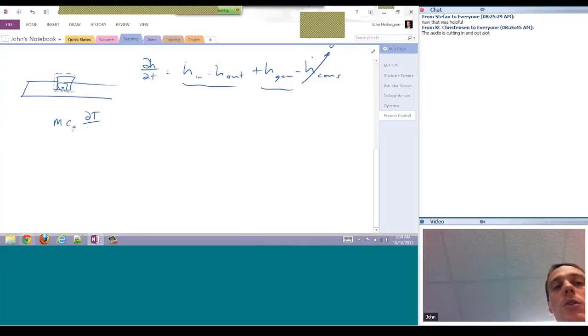That was one of our assumptions. Equals h, the heat transfer coefficient, times A times (T ambient minus T), because you had to get the signs right. So T ambient is greater, that quantity is positive, which means our temperature is going to increase. The slope is going to be positive if you just had this term.